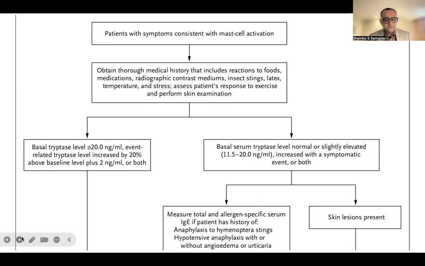One is if it is less than 10, then it's okay.